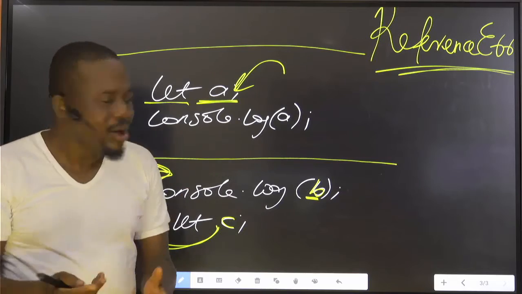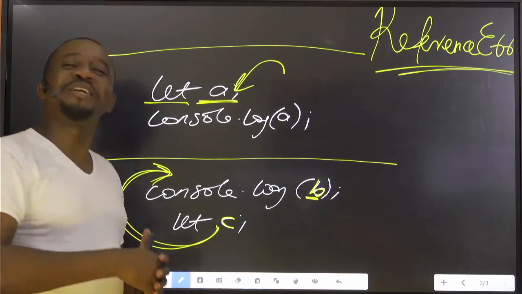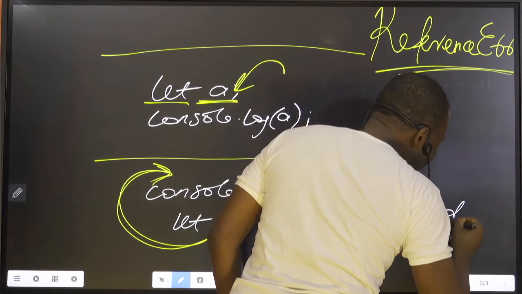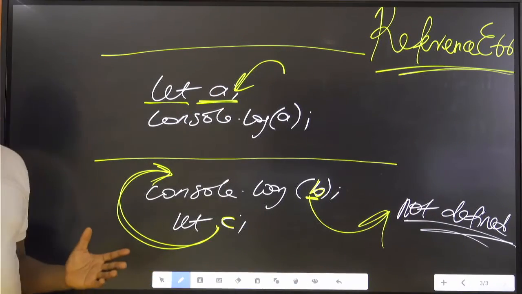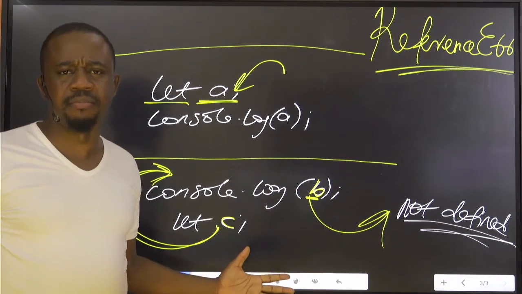You cannot use it. But what about b? b is not even declared at all. It's not even defined. So this error will be what? Not defined. That means I am not aware of it. I am not aware of b. b is not in this program.